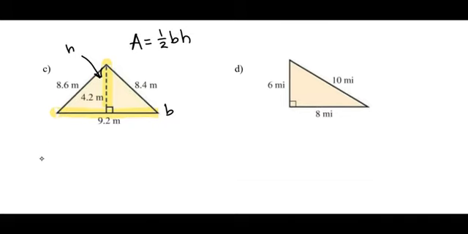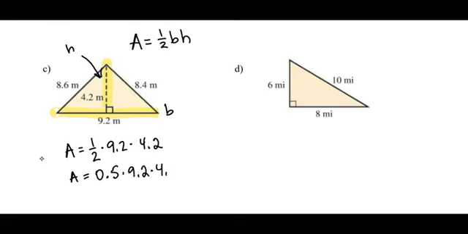So area is 1/2 base times height. Area is 1/2 times 9.2 times 4.2. You can convert 1/2 to 0.5, so 0.5 times 9.2 times 4.2.